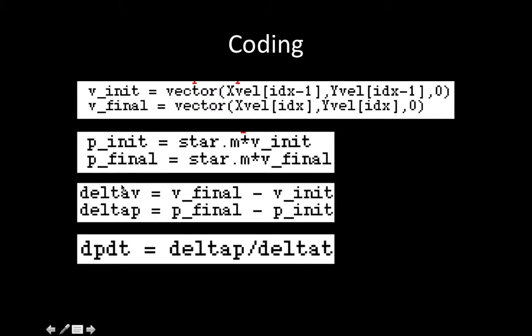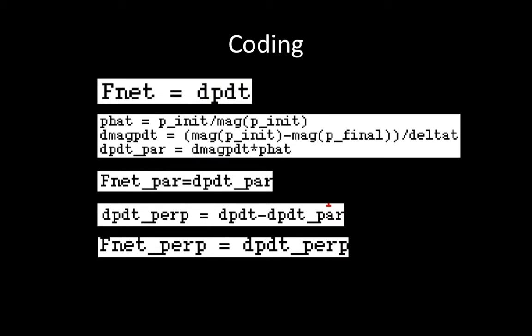Now we can calculate delta v and delta p from this data by simple math, subtracting the initial velocity from the final velocity and the initial momentum from the final momentum. Now dp dt equals delta p divided by delta t. According to Newton, dp dt equals F net. Now p hat tells us the direction of the momentum.